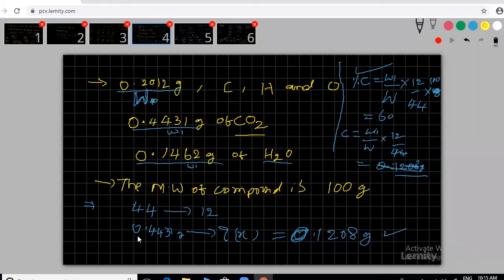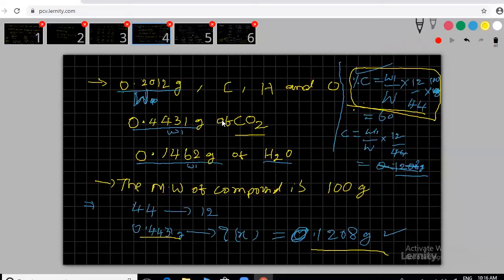Then 0.4431 contains how much weight, sir? I can calculate. Even you can do this process which I did. Otherwise you can do percentages also, sir: find the percentage of carbon and hydrogen, then subtract the total from 100, and you will get the percentages. Again you can do step 1, step 2, step 3 and you will get the answer. Any process you can apply, you will get your answer. Nothing is going to be wrong here.